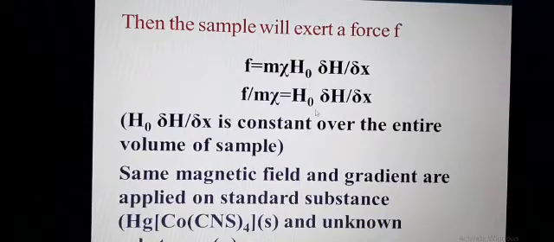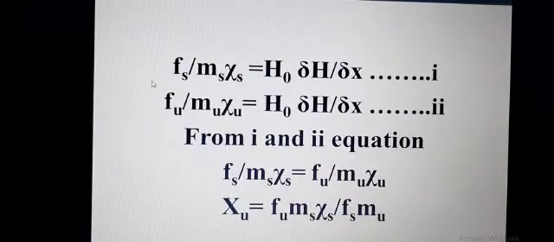So we calibrate the sample with the standard substance, that is mercury tetrathiocyanatocobaltate(II). So the same magnetic field and field gradient are applied on the standard substance, that is S, and the unknown substance, that is U. So for the standard substance and for the unknown substance, we can write in this way.